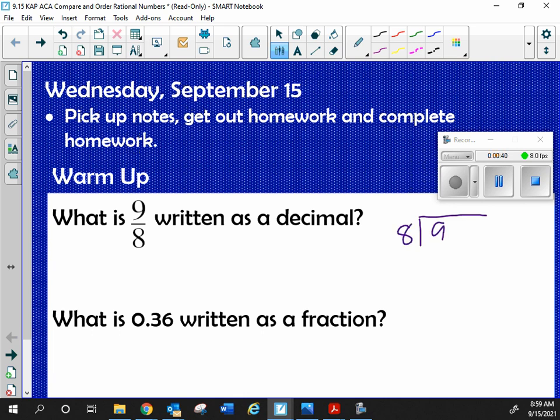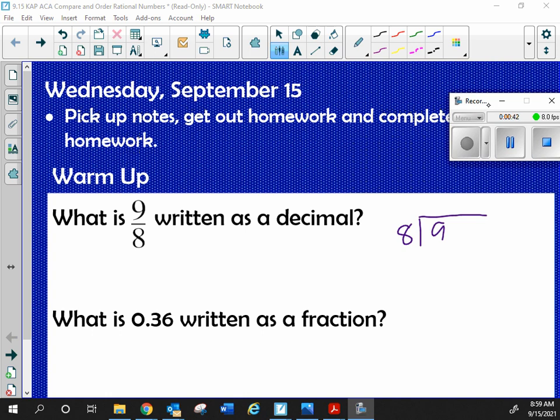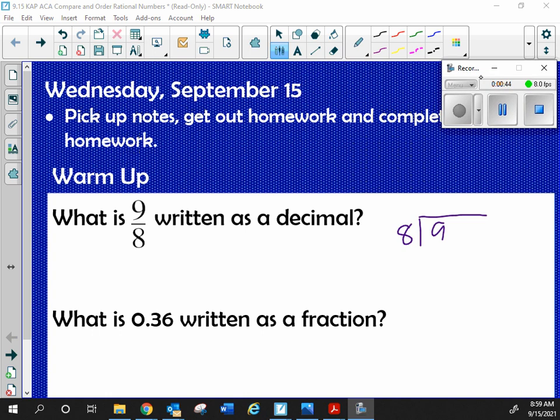Okay, so we ask ourselves, does 8 go into 9? Yes, how many times? Once. I'm left with 1. When I run out of numbers, what do I do then? Add a decimal point to the top and put a 0 after. Very good. That 0 repeats forever. 8 goes into 10 once.